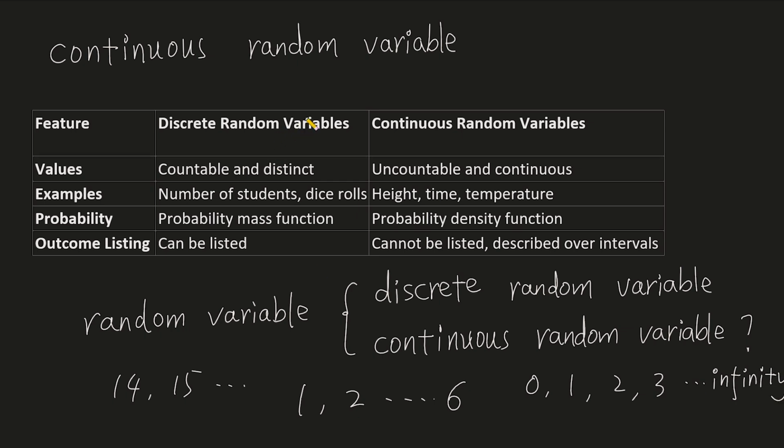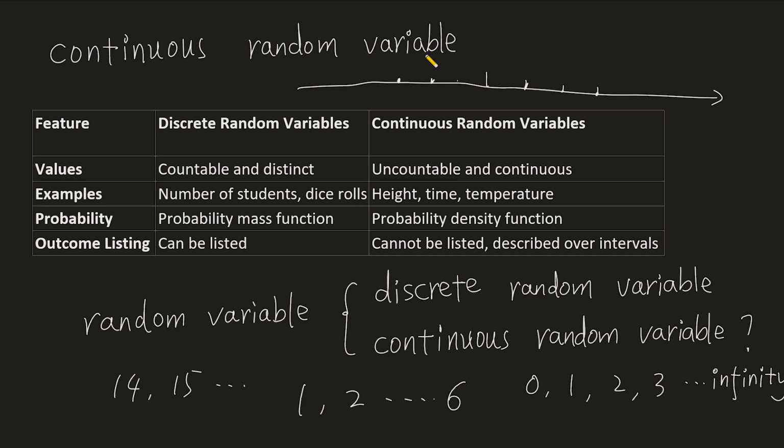So we can check the number line. The possible values of discrete random variables are discrete points on the number line. They cannot be any number on the number line.